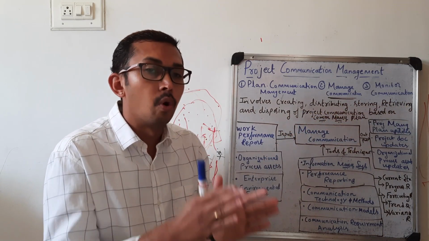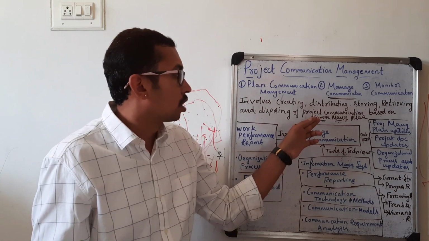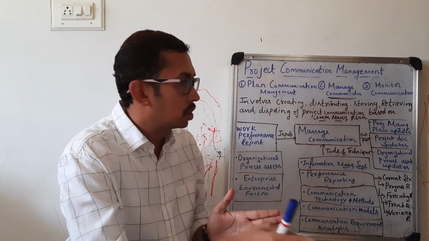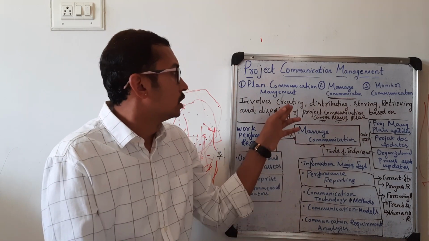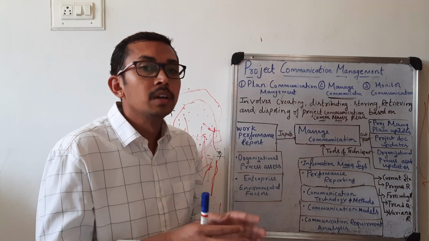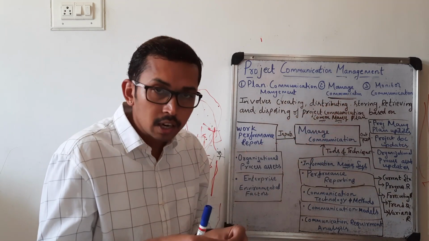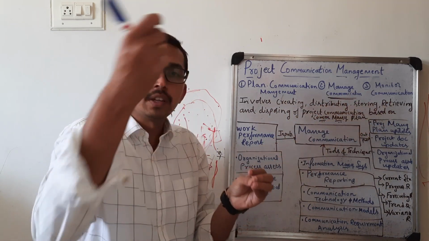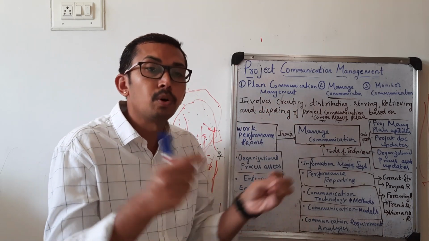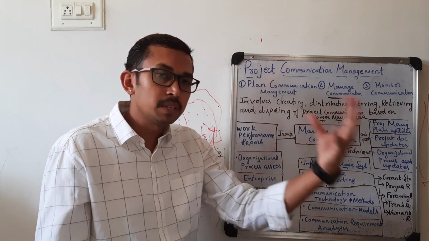That means whatever plan we made in the planning phase, the communication management plan, here we are going to execute it: creating the work, distributing it, storing the data, retrieving the data whenever required, and disposing of unnecessary data, which will be discarded.